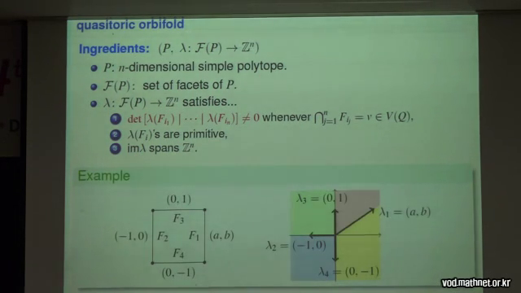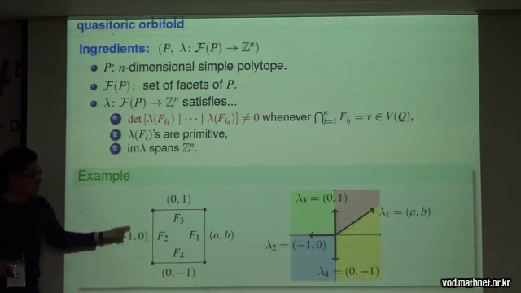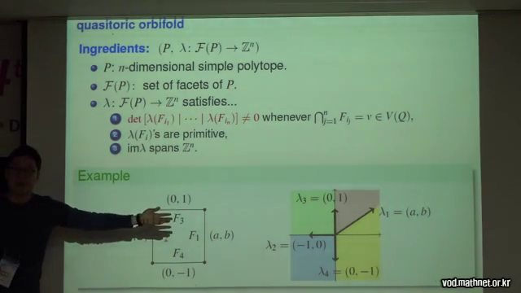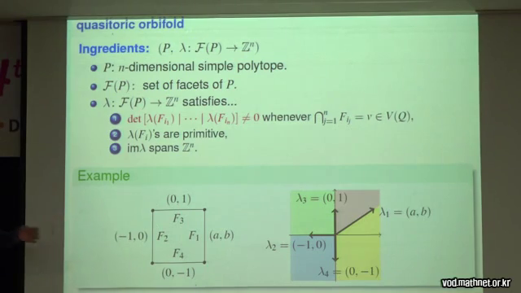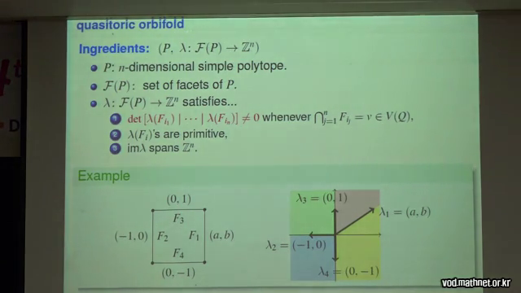People usually describe this characteristic pair, we call this characteristic pair polytope and characteristic function. Anyway, people usually describe this characteristic function by this simple shape, and then some algebraic geometers enjoy this fan description. In a sense they have the same information.